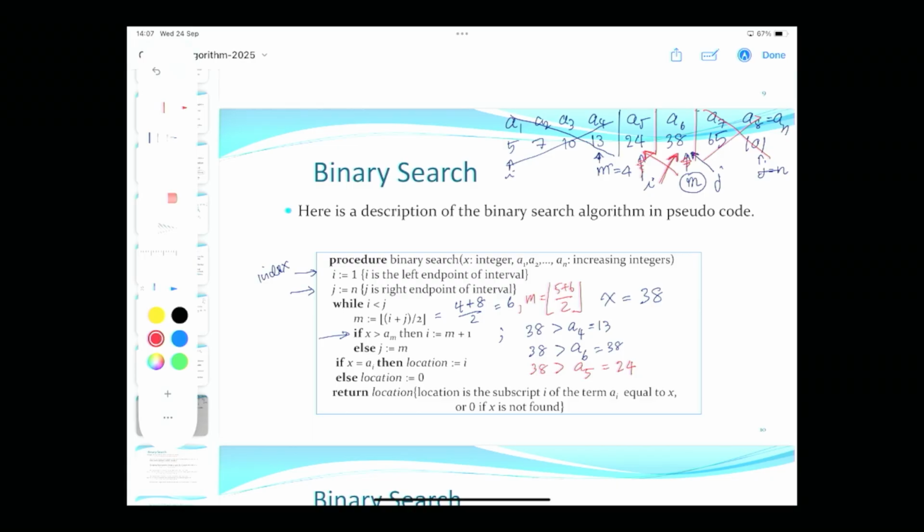So basically, this is to check which part of the list x belongs to. This one is gone. Now we have only one element left in the list, which is 38. I and j are pointed at the same element, so the while loop condition is false.